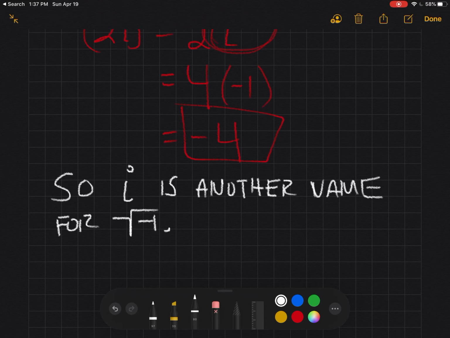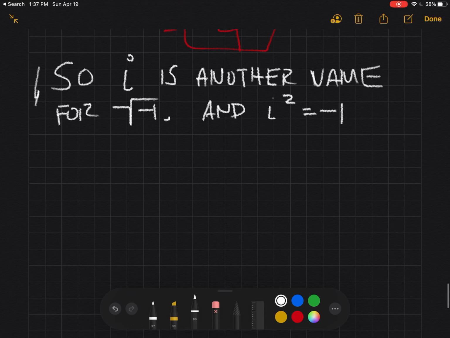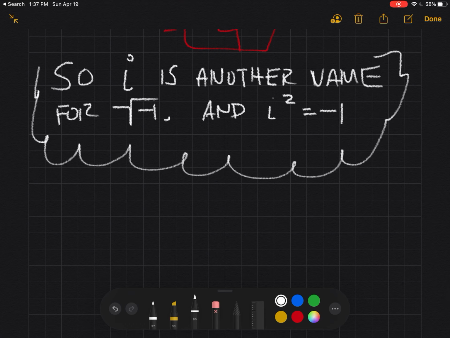So that is the imaginary number i. So i is another name for the square root of negative 1.